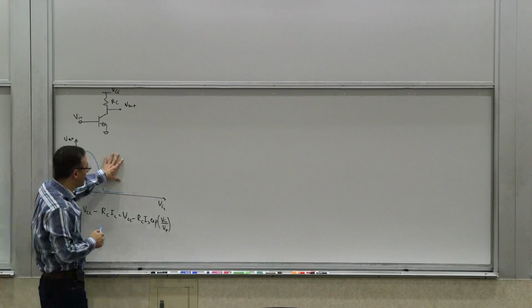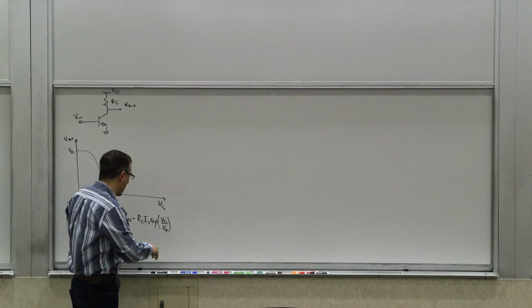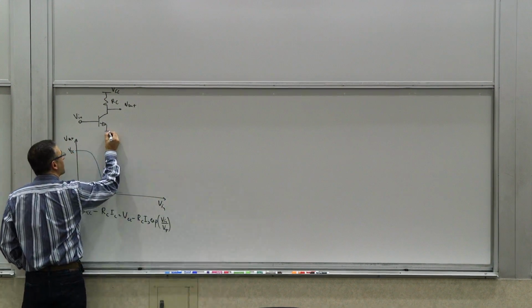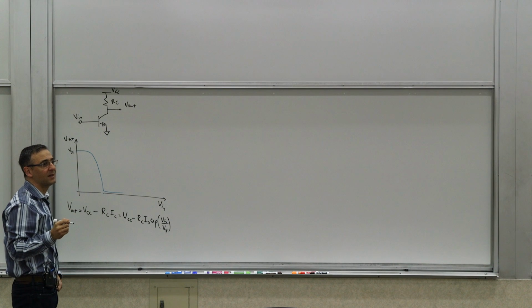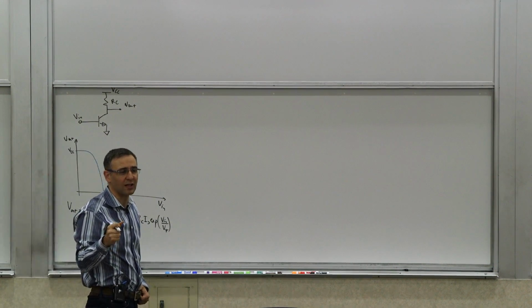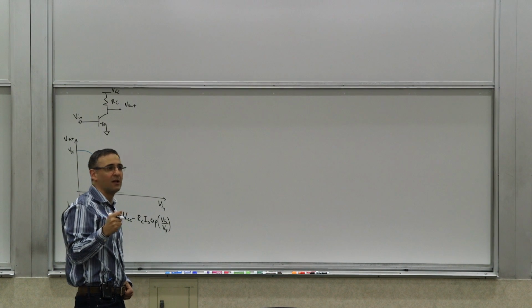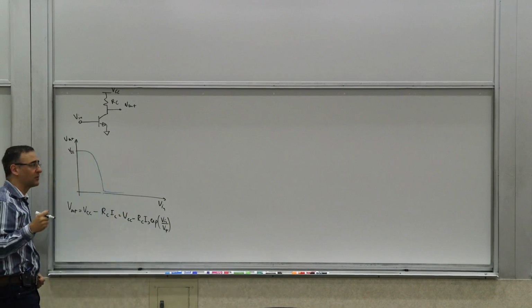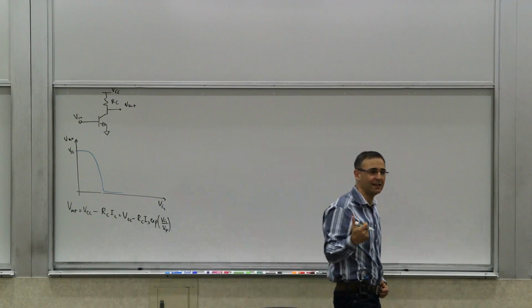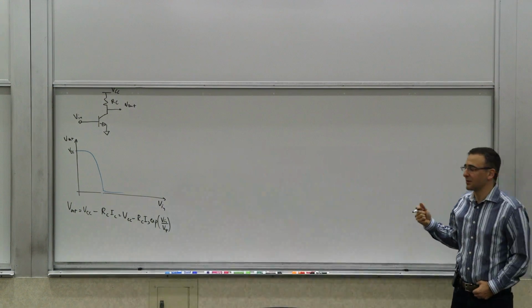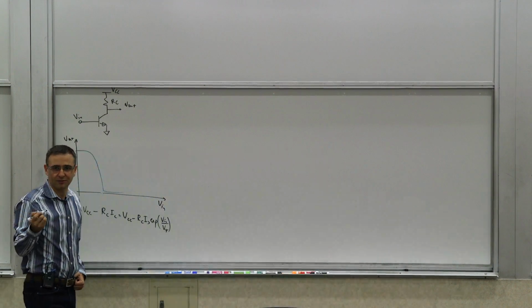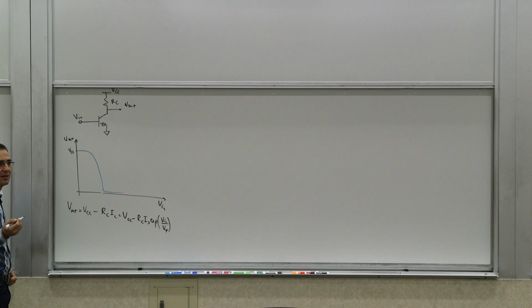And then the other thing that we did, we looked at it from the pi model perspective. We said that generally, the pi model is more useful when the emitter or source is grounded or connected to a fixed potential. Generally, when the emitter or source, or terminal 1 in the arbitrary three-terminal device, is not grounded, you will see that the T model is useful, which is a lot of times.